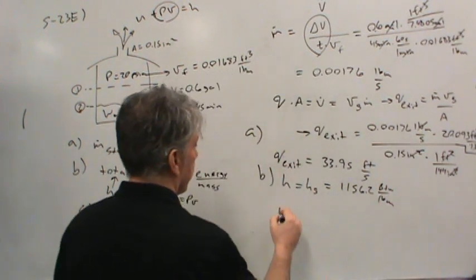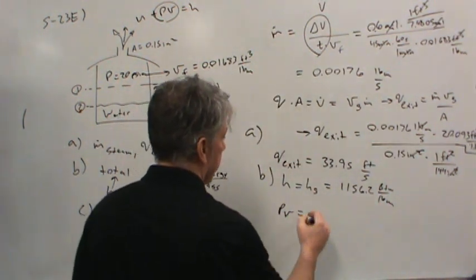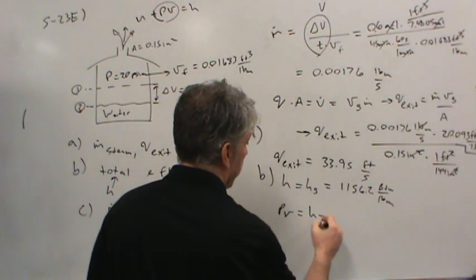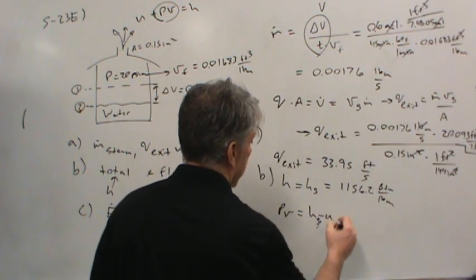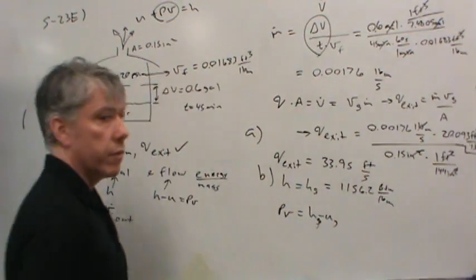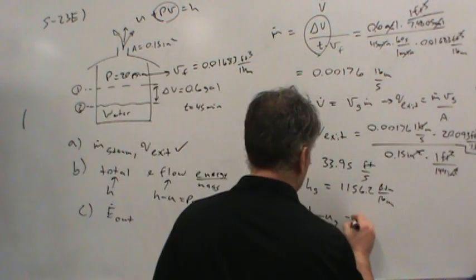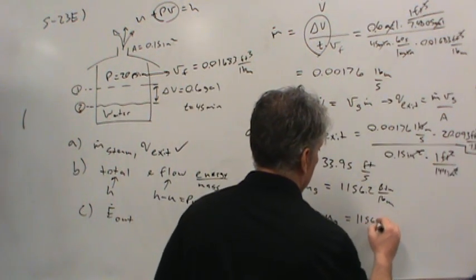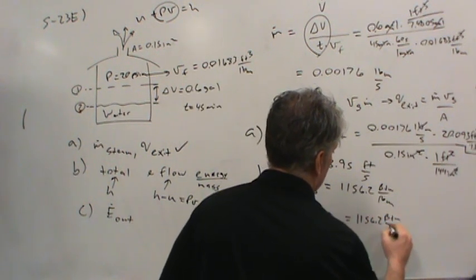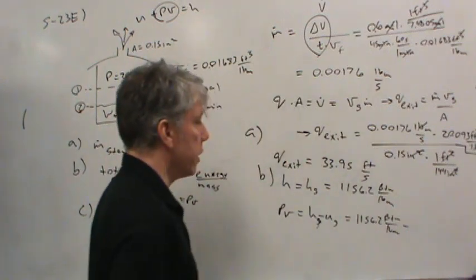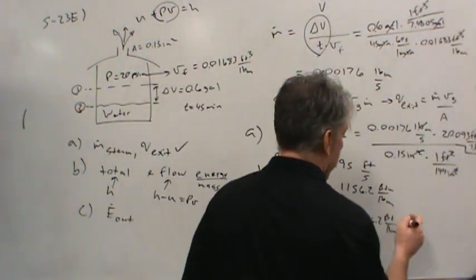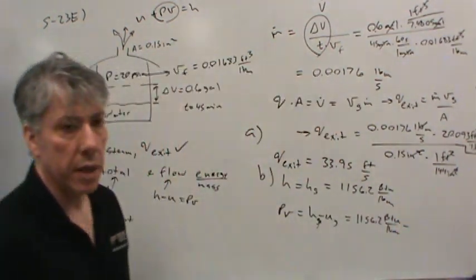And if we want the flow energy, PV, all we have to do is take the enthalpy of the saturated vapor minus the internal energy of saturated vapor as well, right? So all we have to do is look up one more thing, and that is the internal energy of saturated vapor, UG, at 20 psia.